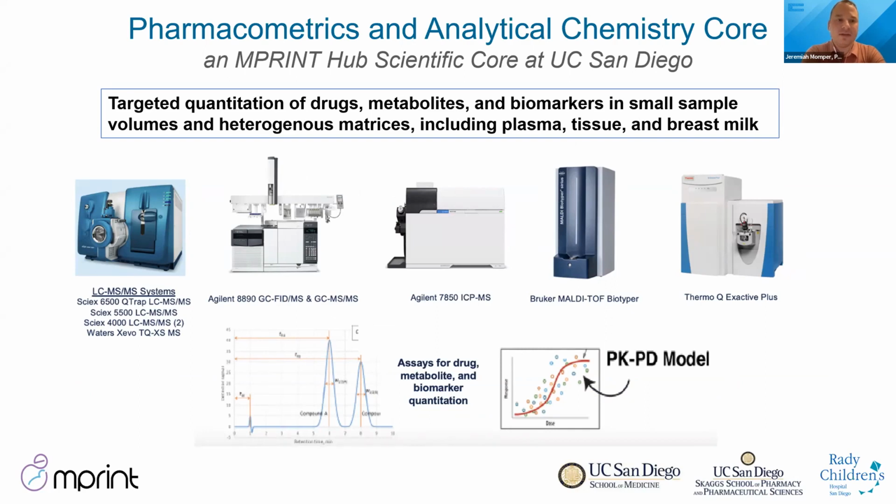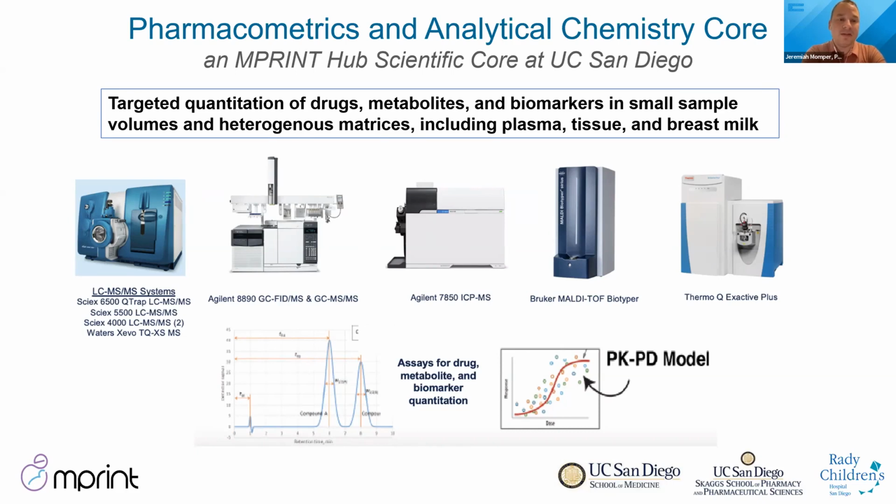And that includes support for projects that are funded through MPRINT, including the Opportunity and Support Pool projects. So for example, if you're a trainee and you're interested in a prospective study, or perhaps you have stored samples in a freezer somewhere that you could leverage for a new project, we are available to help with those types of assays to drive the research forward.